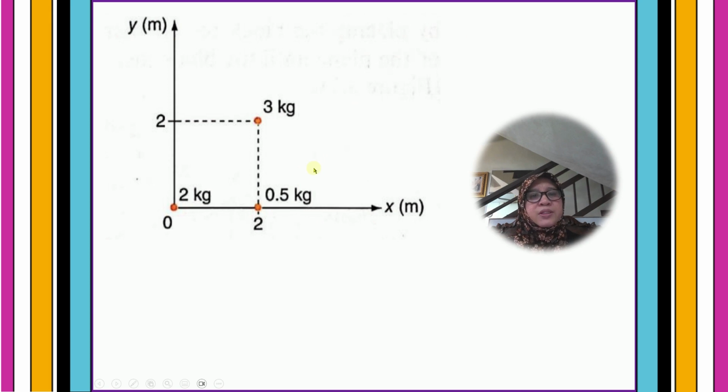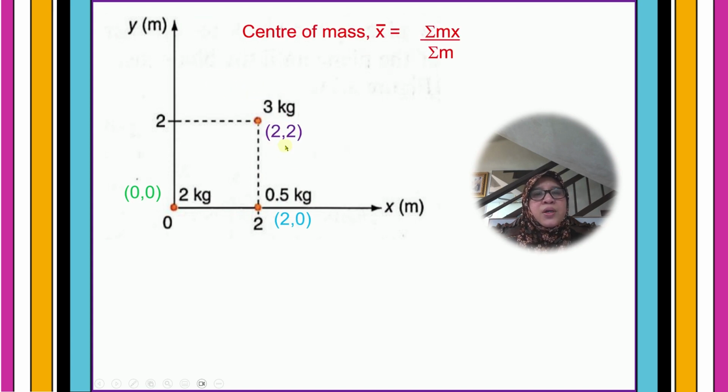So from the diagram, for easier solution, we just put the coordinate on each of the masses. So this one 0, 0. The coordinate for 0.5 kg is 2, 0, and the coordinate for 3 kg is 2, 2. This time we need to find the center of mass along x and also along y.